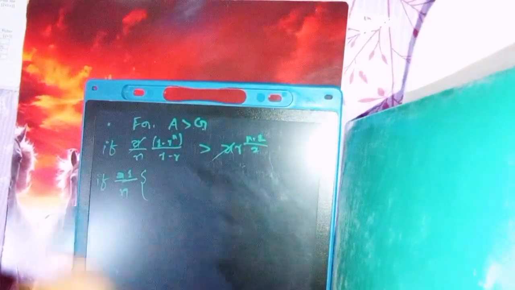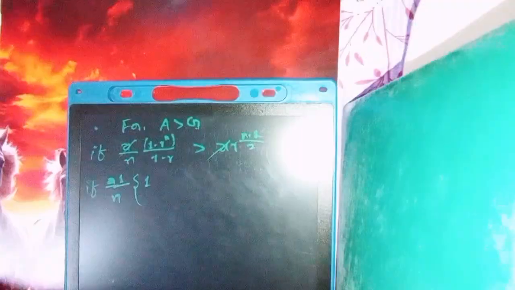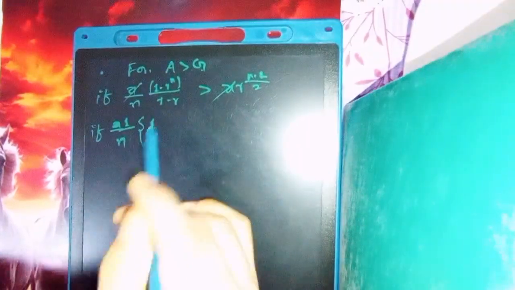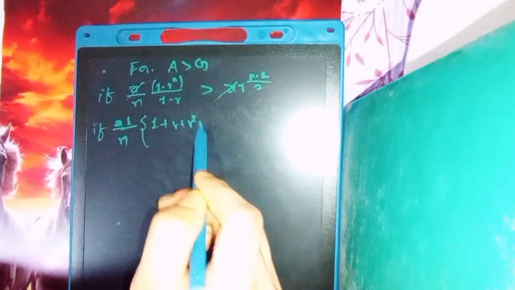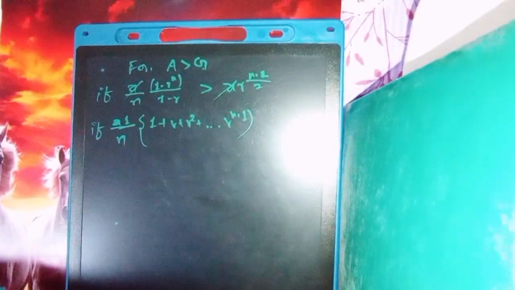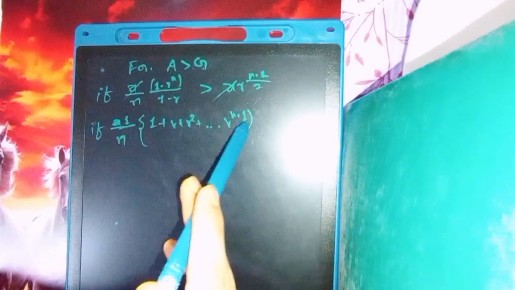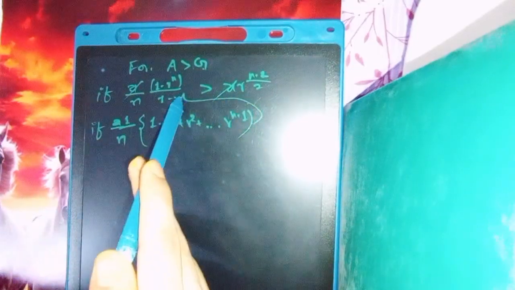So here remaining will be 1 by n, and here if we open this, like we have opened, what we'll get is 1 plus r square plus going on to r^(n−1). This is what we'll get when we open this. In the last derivation we derived from this to this, so you can watch.